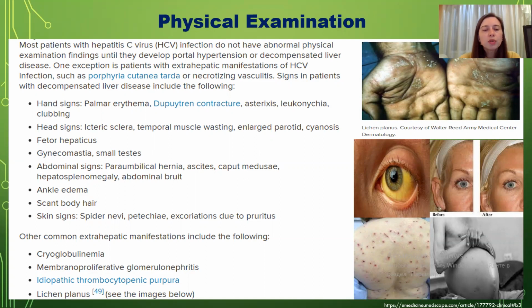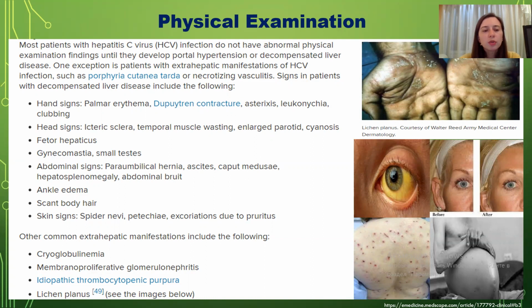Signs in patients with decompensated liver disease include the following. Hand signs: palmar erythema, Dupuytren contracture, osteoarthritis, leukonychia, clubbing. Head signs: icteric sclera, temporal muscle wasting, enlarged parotid, cyanosis.